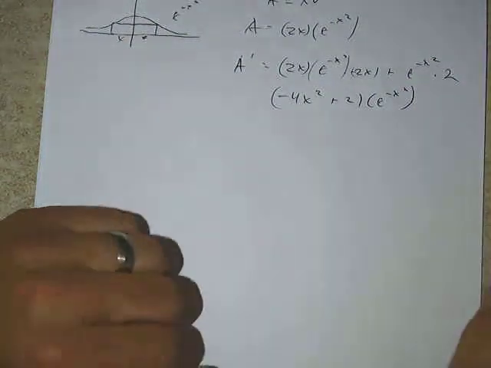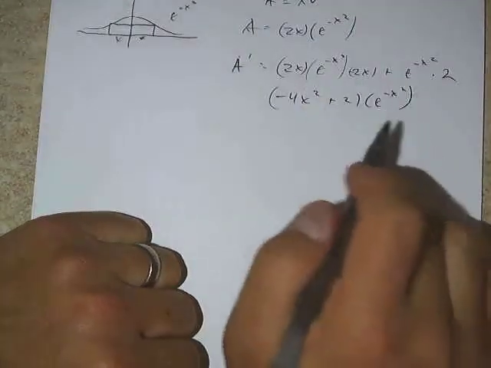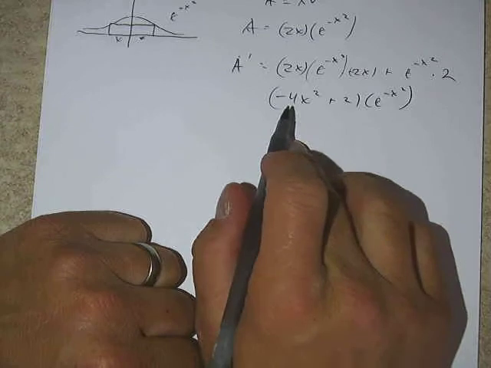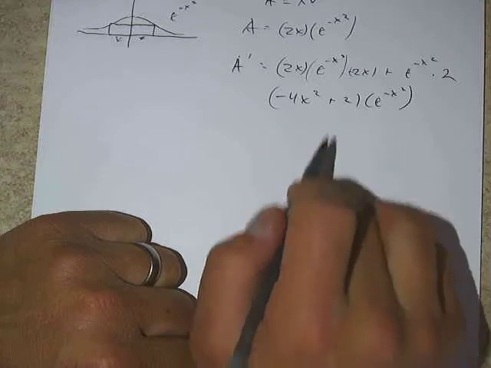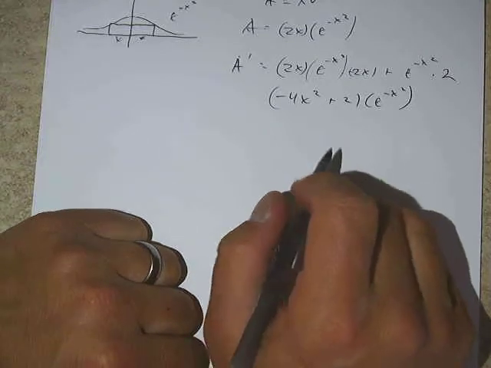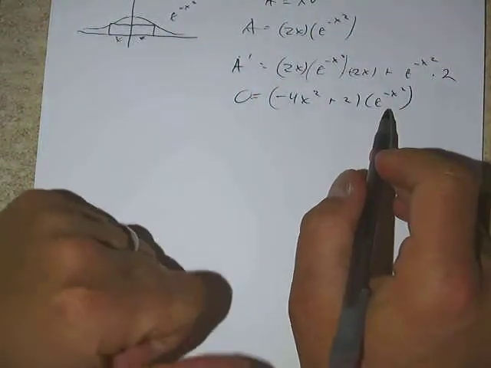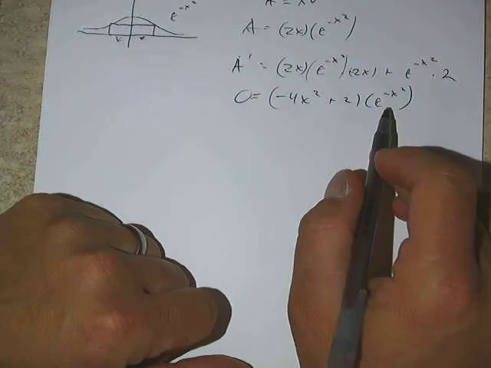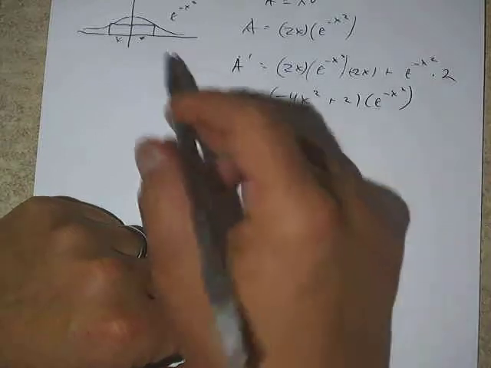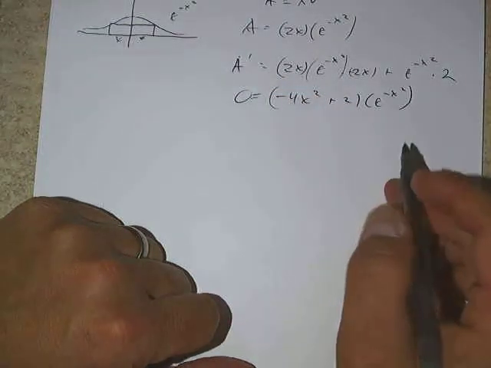And so we ultimately get negative 4x squared plus 2, times e to the negative x squared. Just going to factor out the e to the negative x squared since they both have that in common. We have negative 4x squared in the first piece and 2 in the next one.